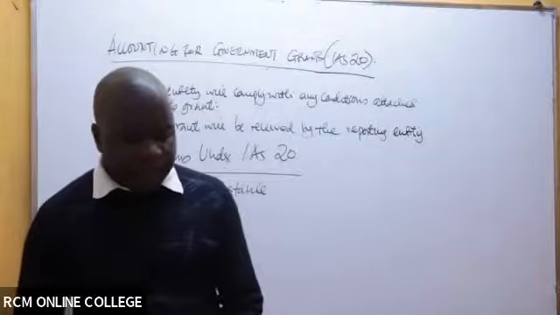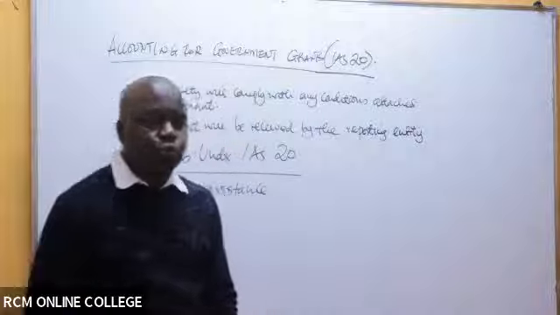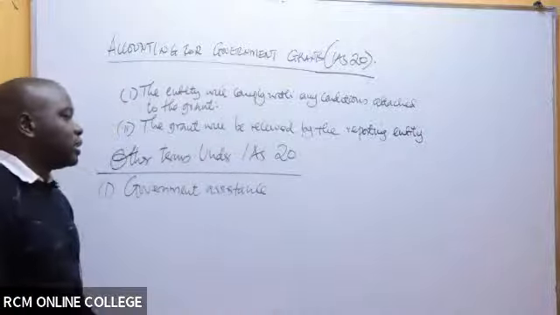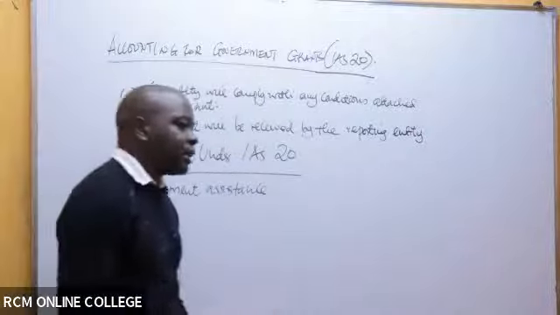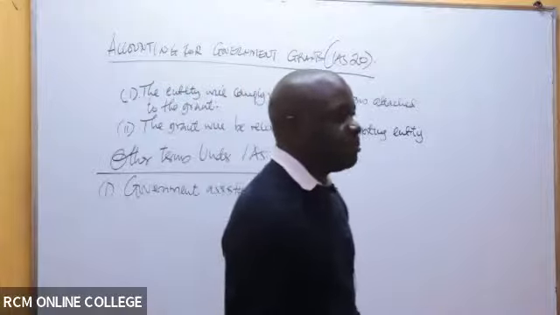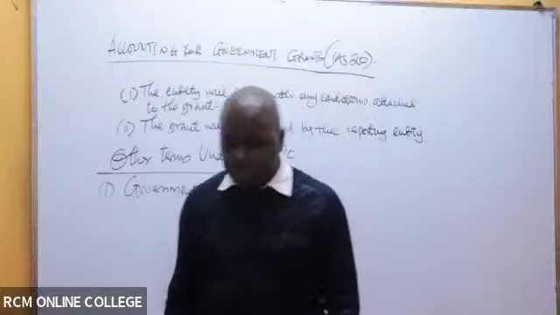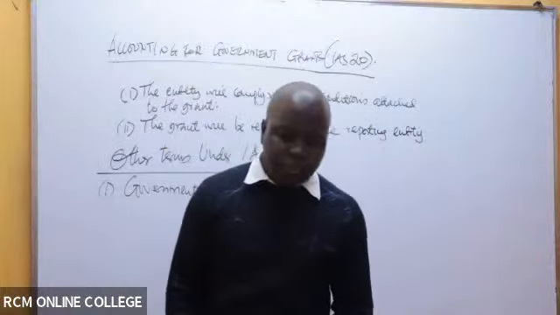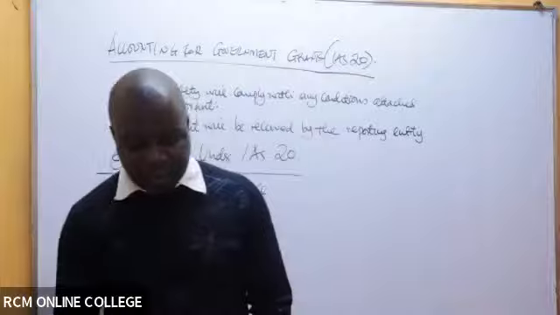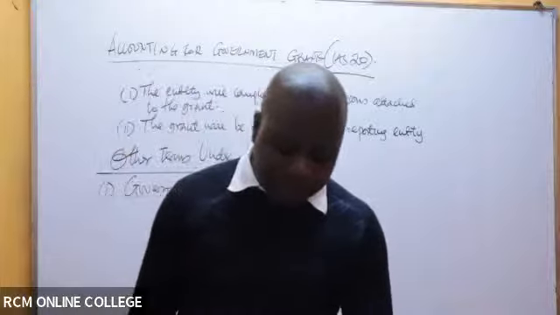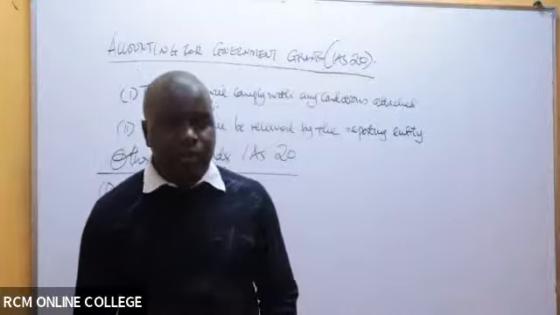So there's a criteria that the government has defined, for example, to identify particular people in society. Then they provide them with what we call government assistance. So that won't be taken as a grant. It is just specific to an entity or a range of entities qualifying under certain criteria.